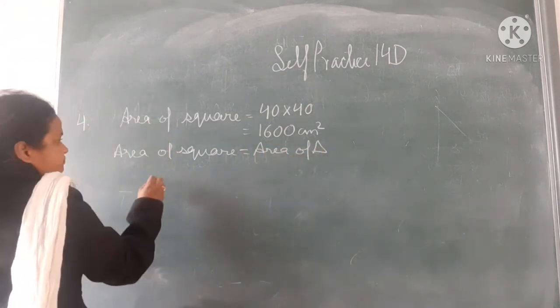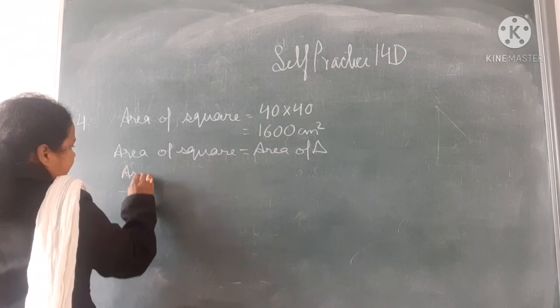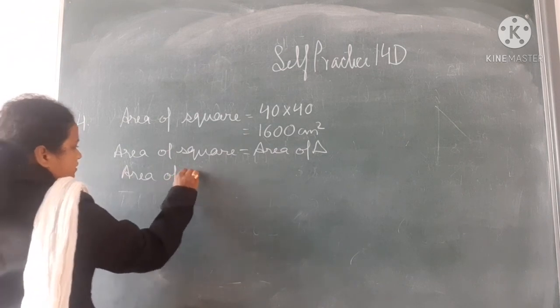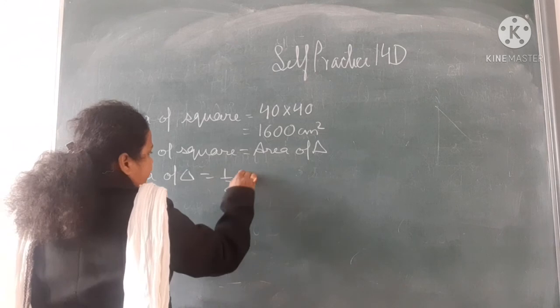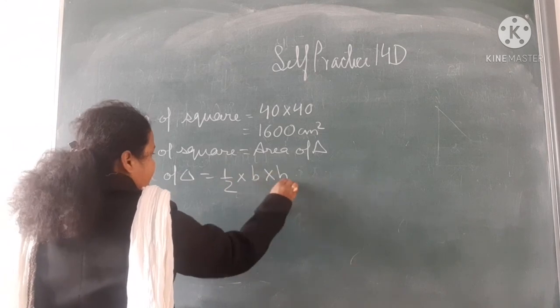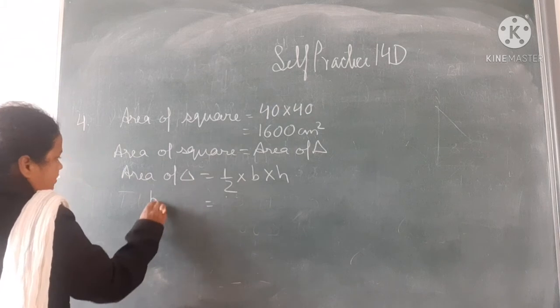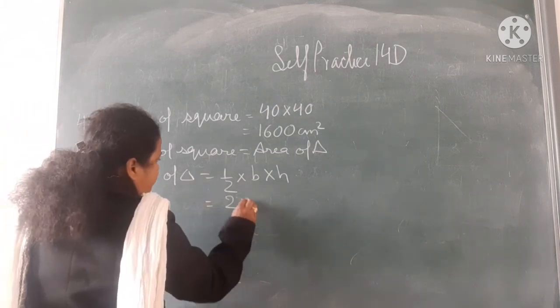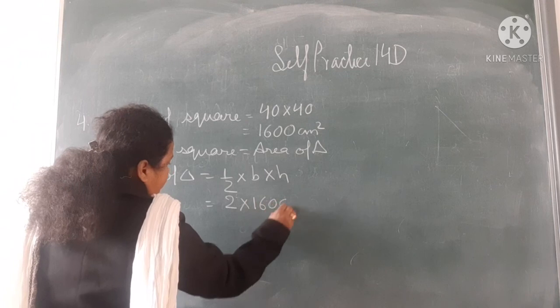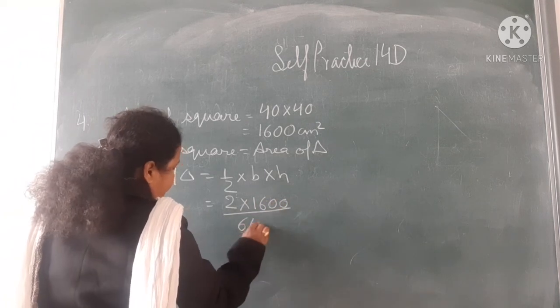Now the area of the triangle is equal to half into base into altitude, and altitude h is given, so base will be how much? 2 into 1600 upon 64.